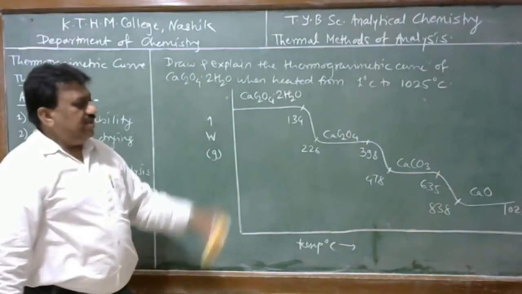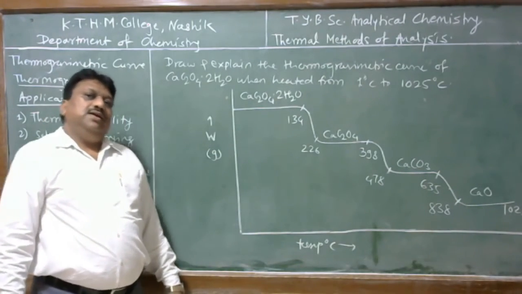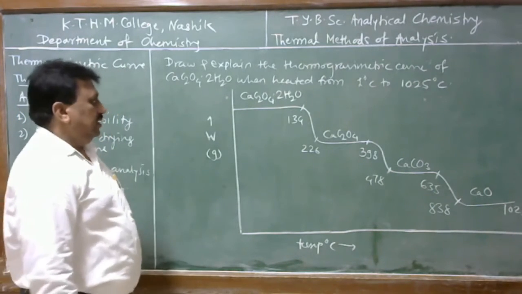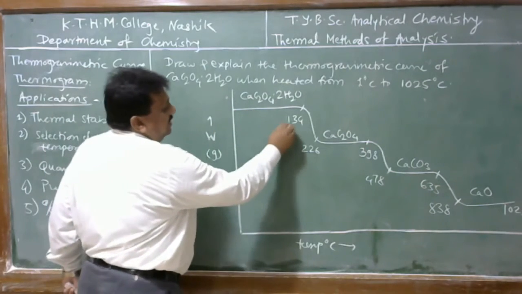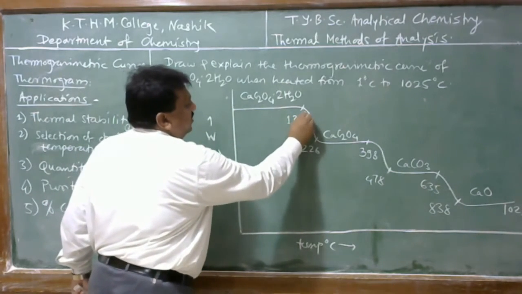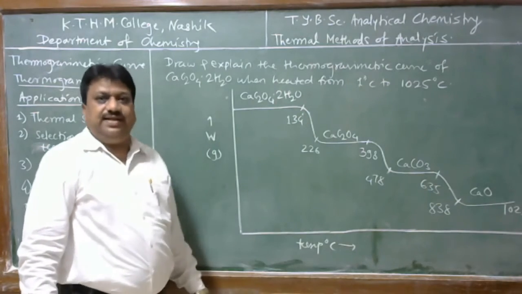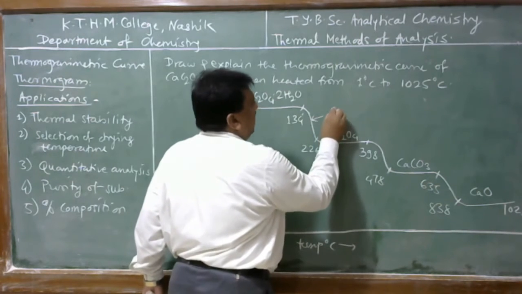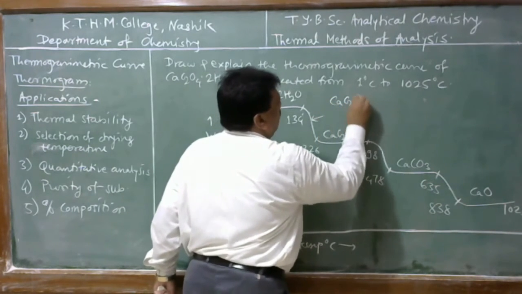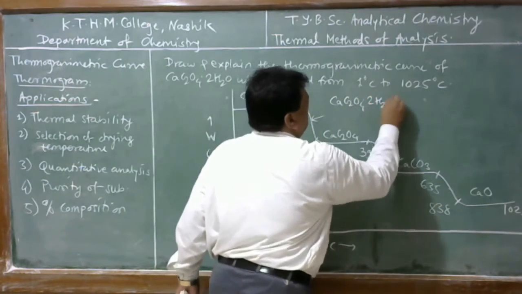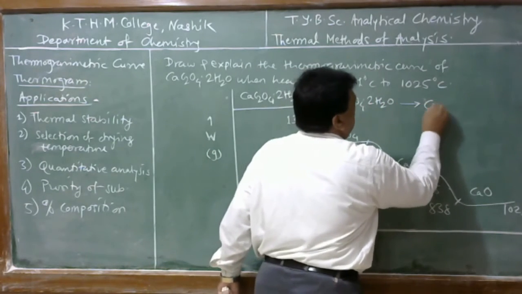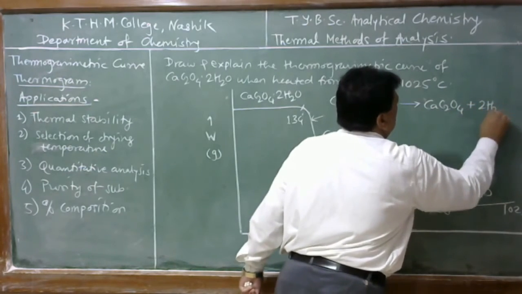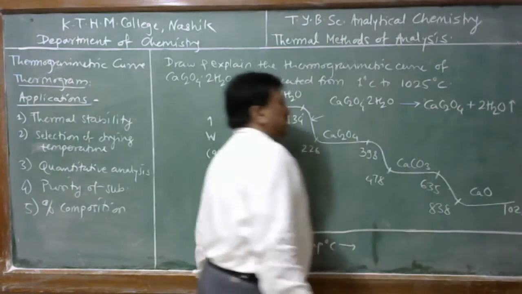Student, this is a pyrolysis curve or thermogravimetric curve of calcium oxalate dihydrate. Calcium oxalate dihydrate is stable up to temperature 134 degrees centigrade. When temperature is greater than this, CaC2O4·2H2O is decomposed to anhydrous calcium oxalate, plus there is loss of 2 water molecules.